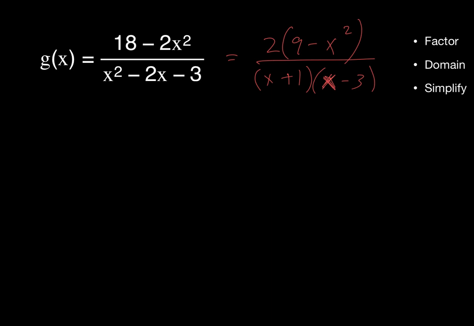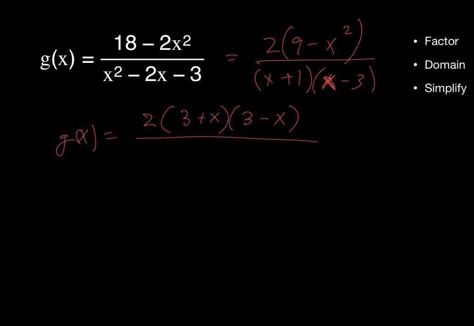And then I realize, actually, I can factor more because that numerator is now one of those special forms. It's a difference of squares. 9 is something squared, and x is something squared. So my g of x can be factored even more, so it's going to be 2 times 3 plus x, 3 minus x. In the denominator I have x plus 1 and x minus 3.